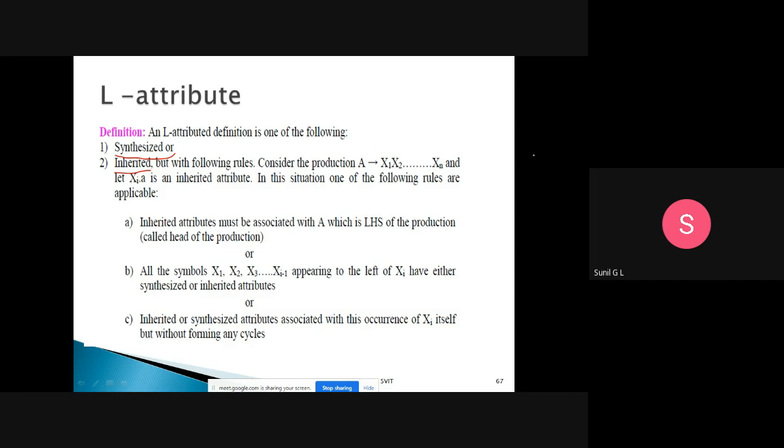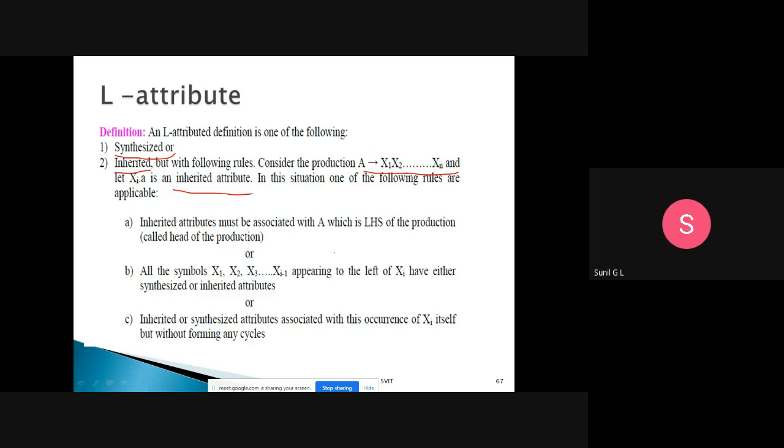Consider a production A tends to X1, X2, to Xn, and let Xi.A be an inherited attribute. In this situation, we will have the following rules.